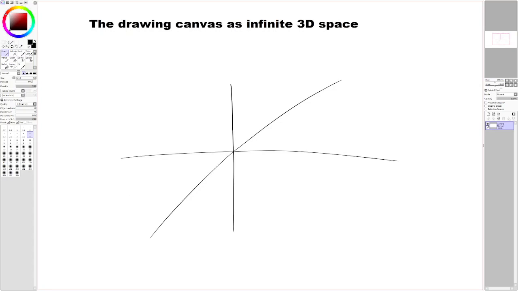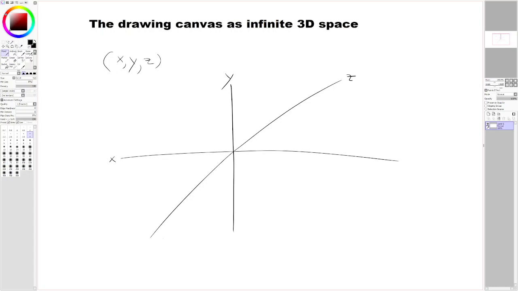I don't think that's X. I think this was X, and I think this was Y. Yeah. Whoops, total math blunder there. And this one would be the Z. I'm kind of having a hard time thinking of it. So with a normal Cartesian plane, you would have just X and Y, but with an infinite canvas, you would also have Z.